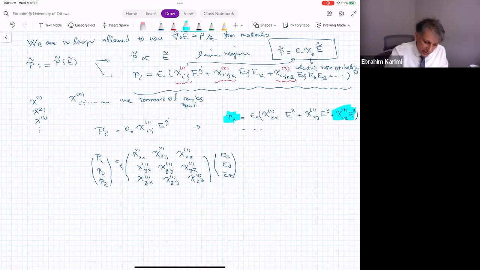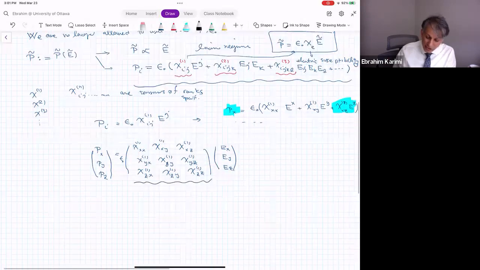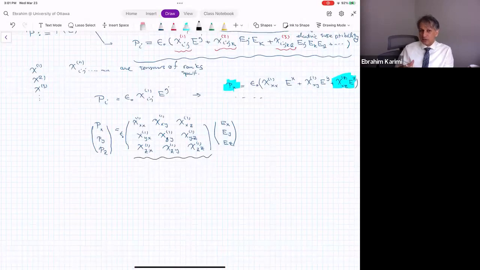Perfect. So indeed, that chi, which we describe as a tensor of rank 2, is a general first order approximation, or first response, to the electric field. In general, if you have a response given by these chi's, we call that material a biaxial material.